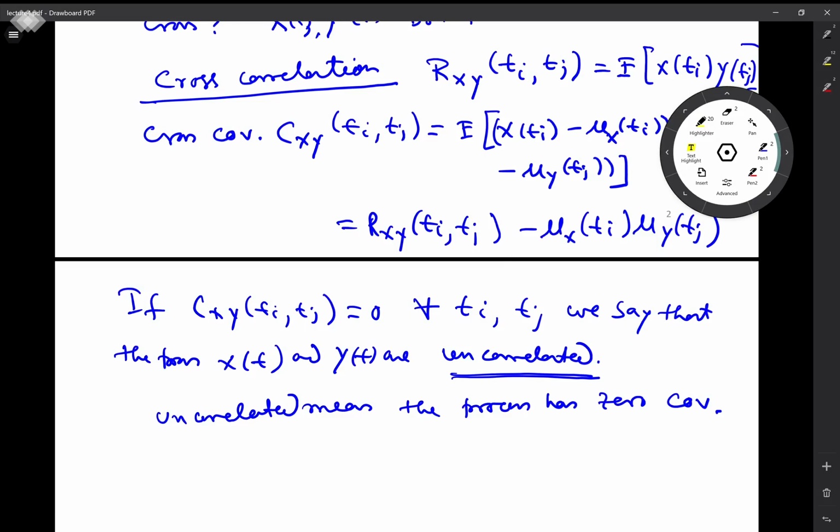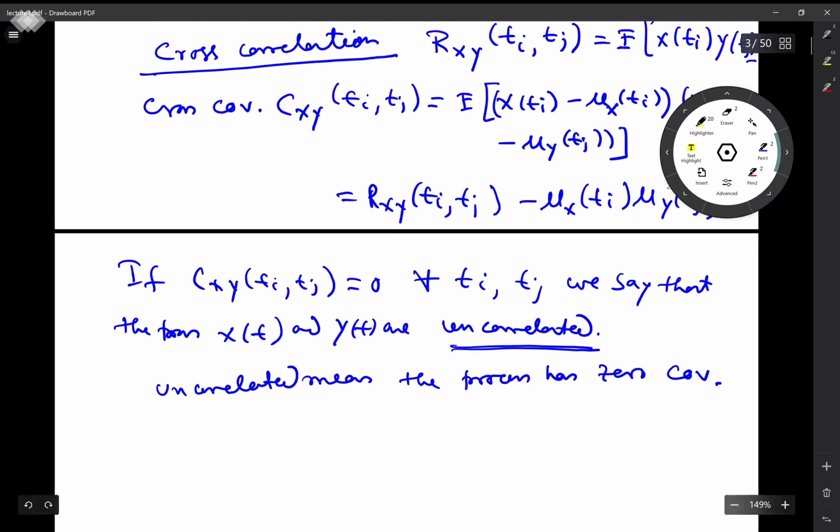So the same thing we can write in the discrete time case. Only the t will be substituted by the n. How can we write it in discrete time?